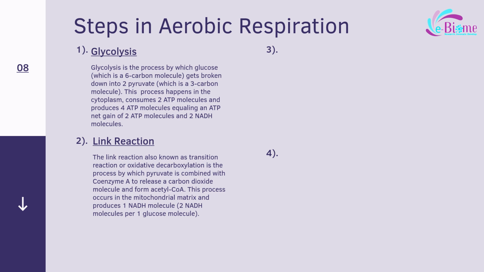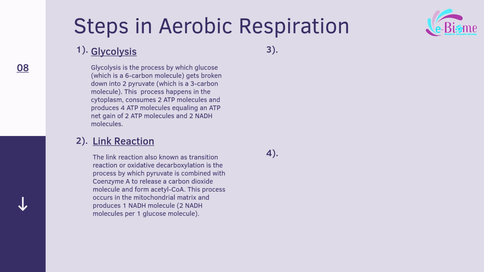Here, one molecule of pyruvate is combined with a coenzyme A. This process produces something called acetylcholine. Not to get into the nitty-gritty, it's important for the next step. But this process also causes carbon dioxide to be released, which we'll get back to later.